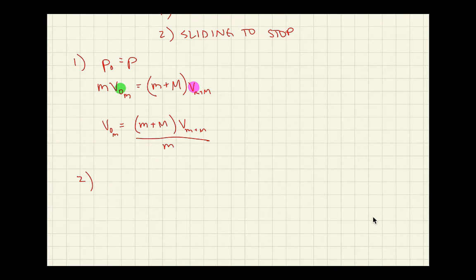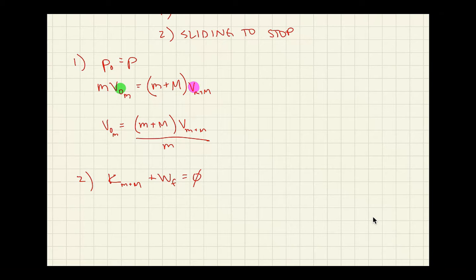So my sliding to a stop section, my energy equation might look like this. The kinetic energy after the collision of the two blocks together, plus the work done by friction, is equal to 0, right? Whatever that starting kinetic energy was, plus the work done by friction, summed to 0 because it eventually came to rest.